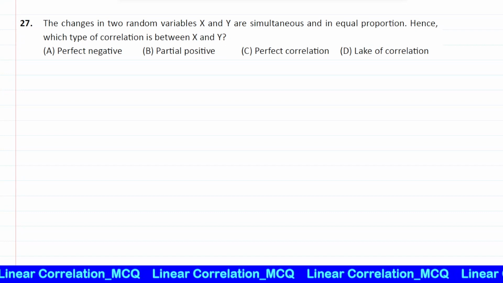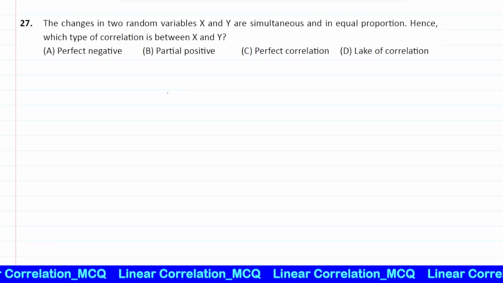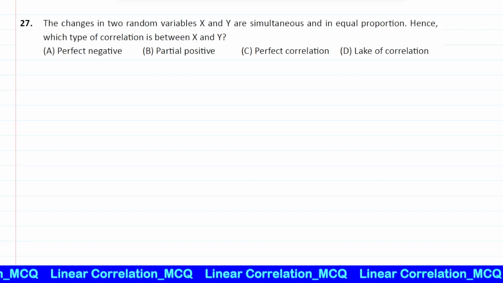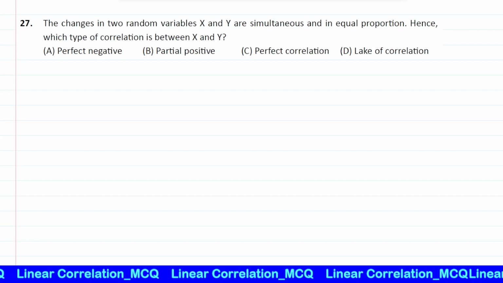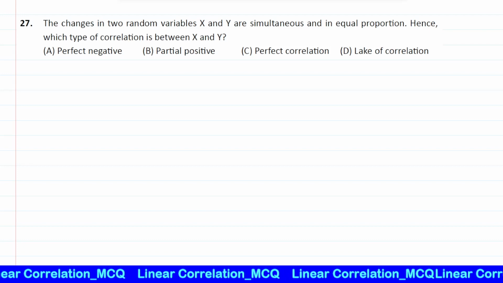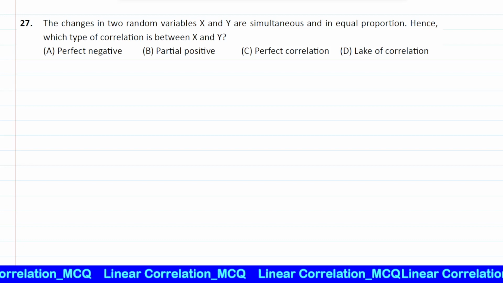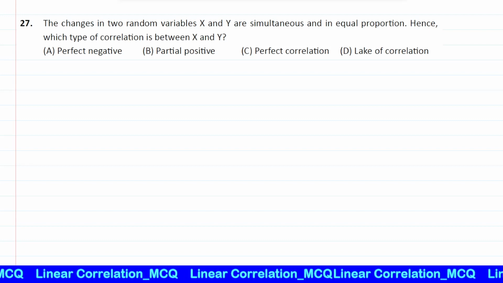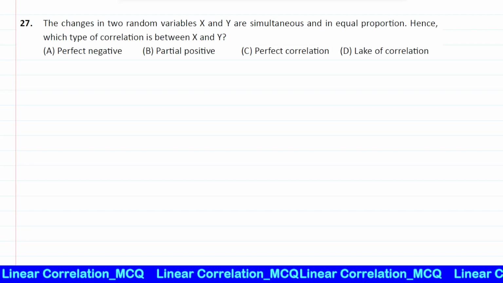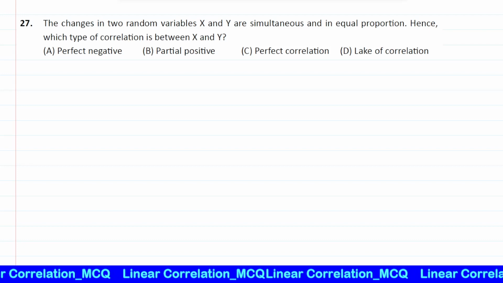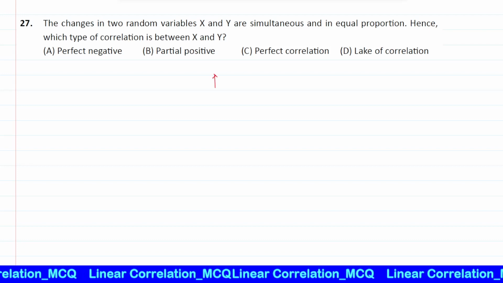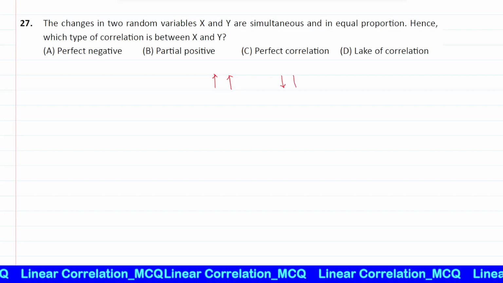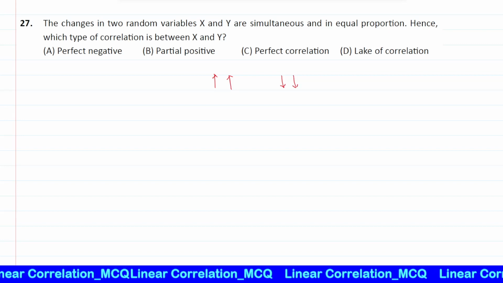Question number 27. The changes in two random variables X and Y are simultaneous and in equal proportion. Hence, which type of correlation is between X and Y? Equal proportion means the values of both variables simultaneously increase or simultaneously decrease in constant proportion.